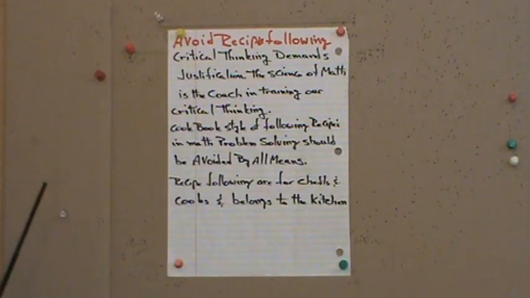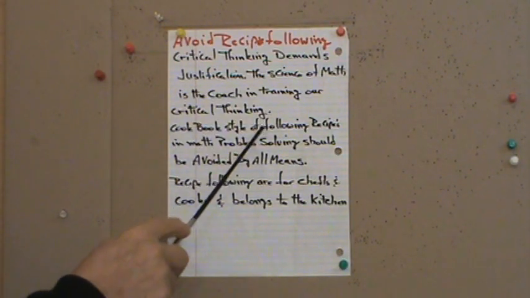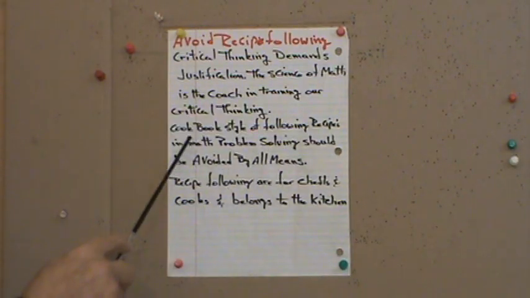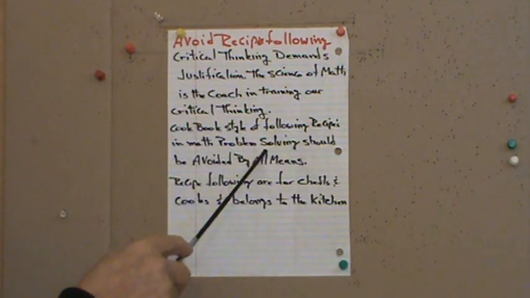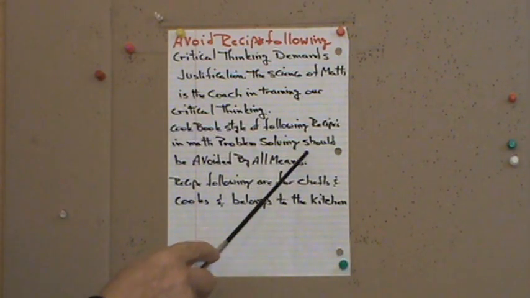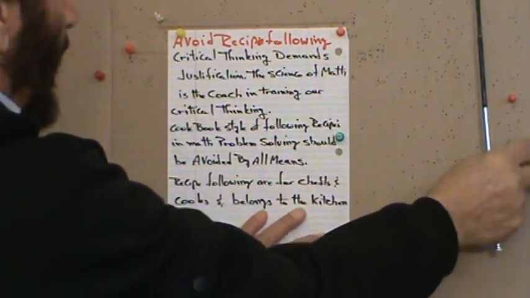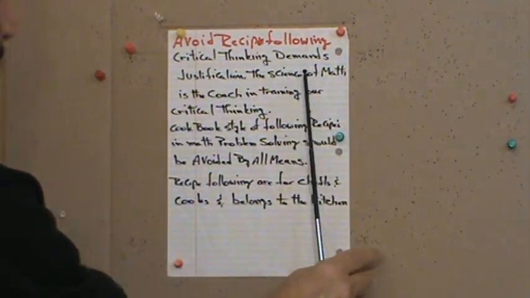It's very, very important, please. Cookbook style of following recipe in mathematics problem solving should be avoided by all means. Now, I shouldn't really say should be avoided. Maybe I should emphasize that it must be avoided. Must be avoided by all means.